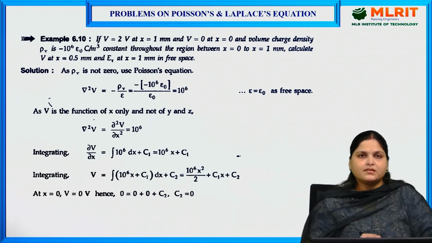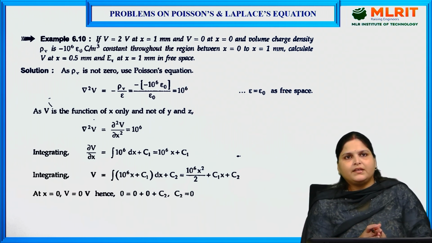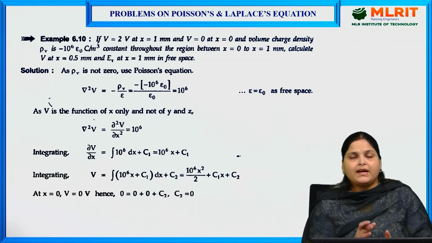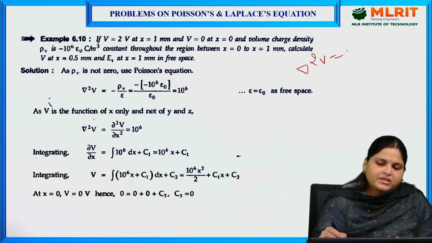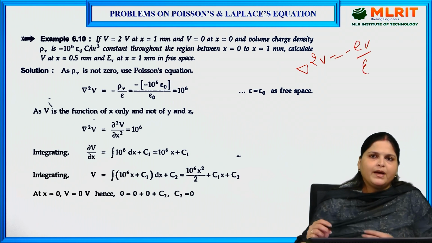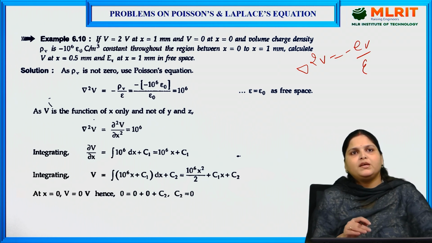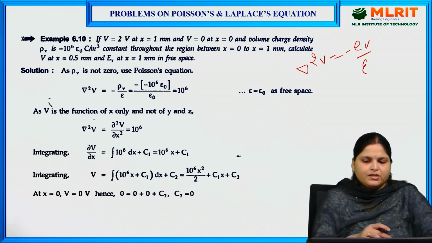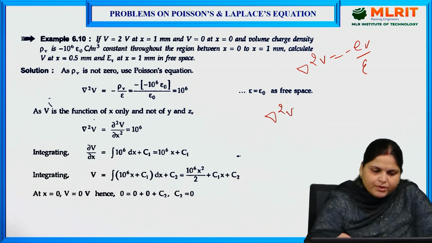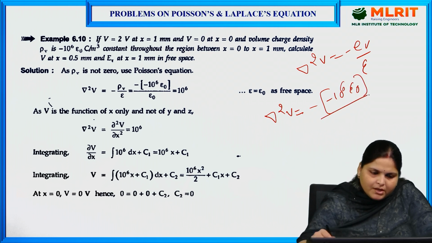So let's start this solution. See, as we can see that rho V is not 0. That means we are going to use Poisson's equation. Okay, so we will use this equation: del square V is equals to minus rho V by epsilon. Because rho V is given as minus 10 to the power 6 epsilon naught, as per this our del square V is basically minus of minus 10 to the power 6 epsilon naught upon epsilon.